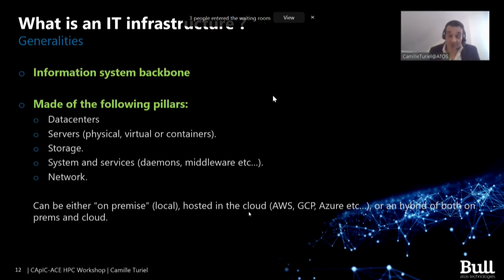You have a lot of power outages that are really a challenge for the people managing data centers. I can tell you that it's really challenging to deal with that. But hopefully there are a lot of solutions that exist to circumvent that.